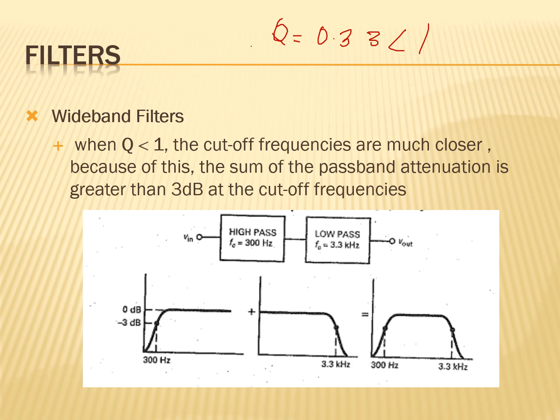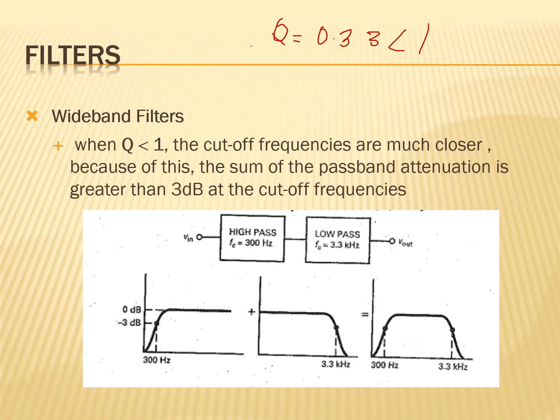Because of this, the passband attenuation is greater than 3 dB at the cutoff frequencies. So in this case, we just have to cascade a high pass filter with a cutoff frequency of 300 Hertz and a low pass filter with a cutoff frequency of 3300 Hertz.